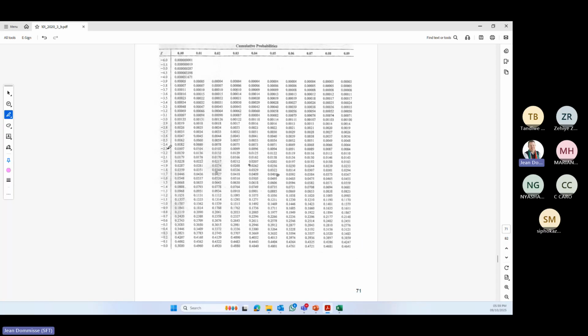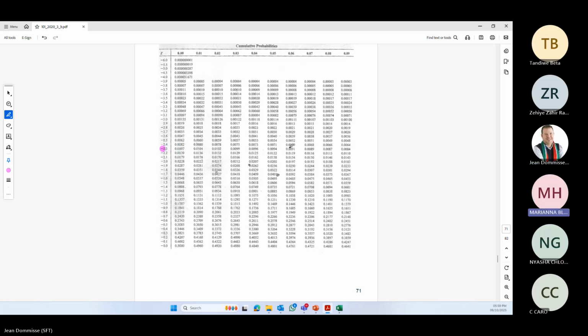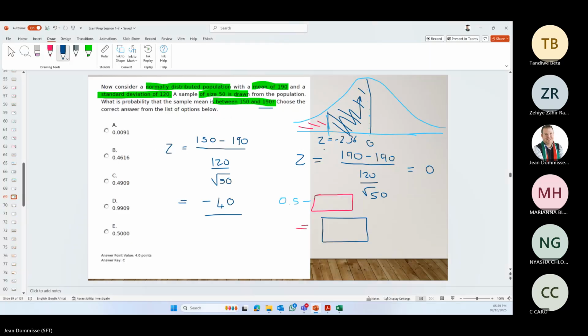Minus 2.3, there's 2.3. 2.3, 2.36: 0.0091. So this area is 0.0091. Look at that, there is an option, but it's not that.